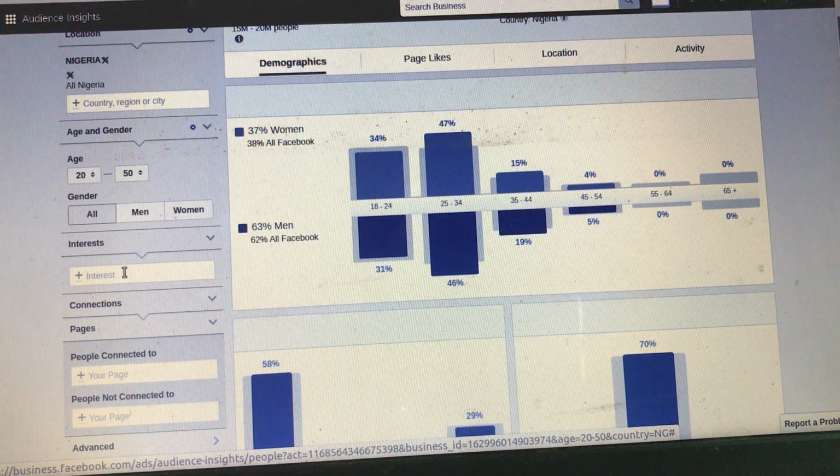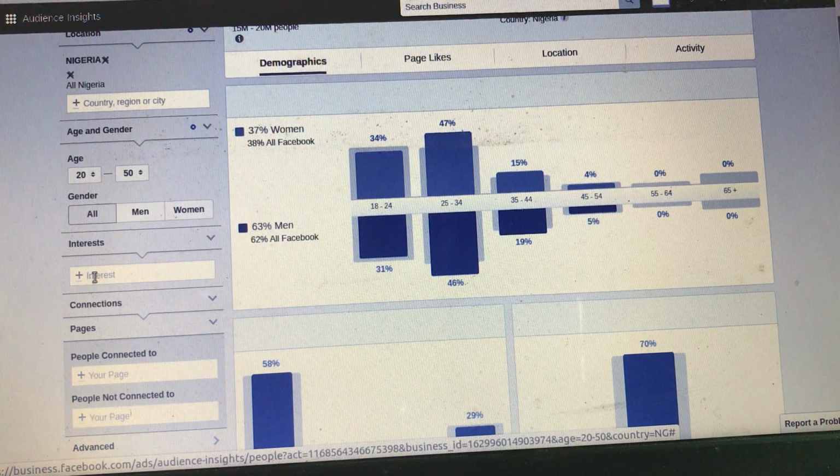So now we can choose to target our audience based on interest. So when I say interest, I'm trying to say, okay, what are my audience looking at online, what are they looking for on Facebook, so to say. What is their interest when it is related to my own product or service.